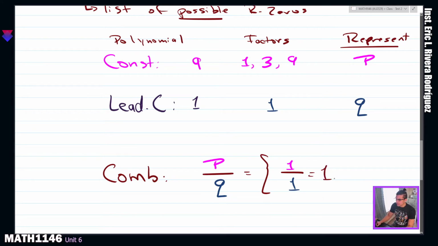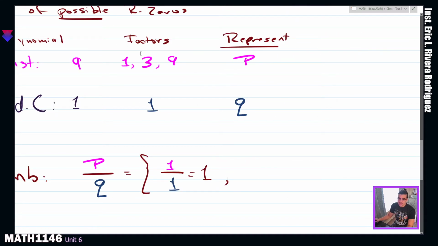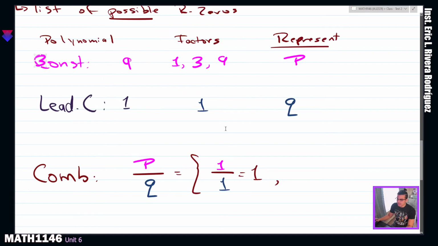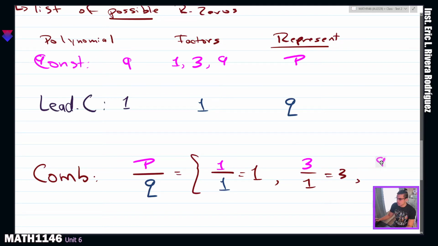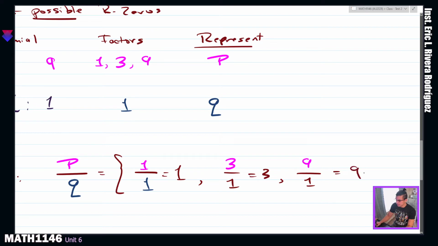The good thing with this exercise is that the leading coefficient is just 1, so basically we are getting the same exact values from the factors of the constant value. You will see on other exercises where the leading coefficient is not going to be 1, and then we are going to do other combinations. But right now, what you are getting here in this list is the possible rational zeros.